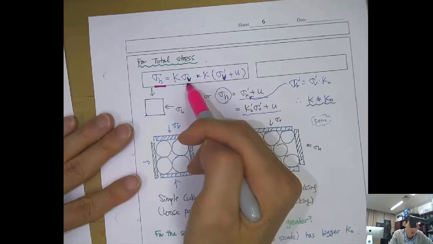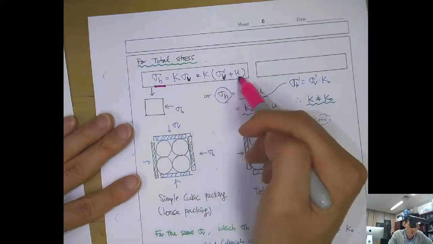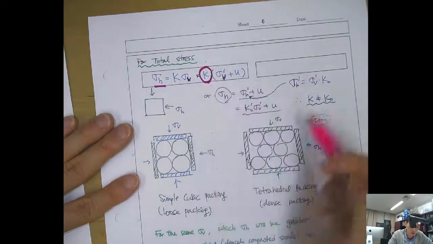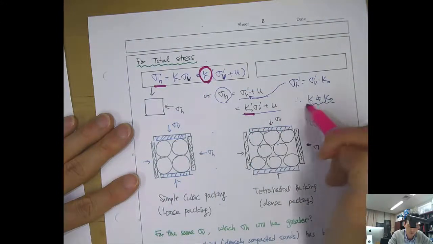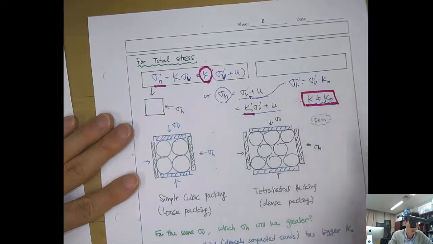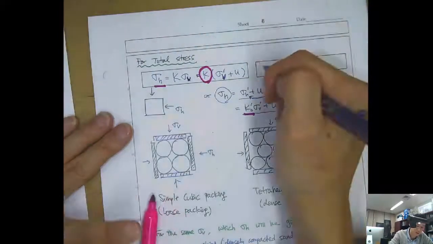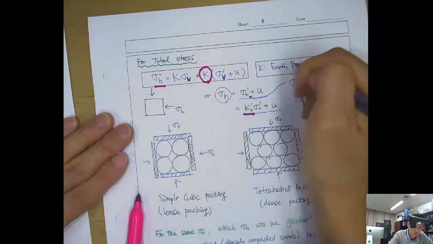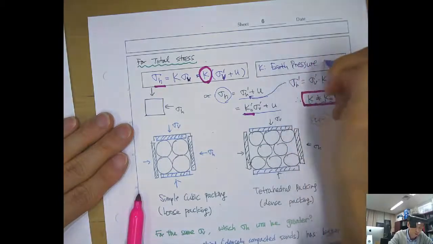Then vertical total stress is sigma v prime plus u. So you can see that this K is not the same as K naught. And here K is called the earth pressure coefficient.